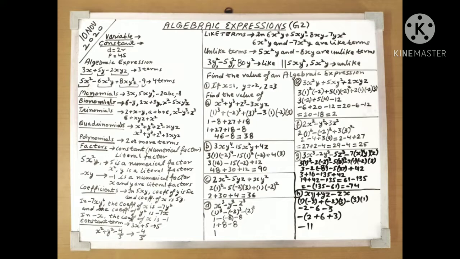A common word is polynomial, which is used to define an expression which contains two or more terms. So, leaving apart monomial, the rest all, binomial, trinomial, quadrinomial, and so on, will be known as polynomials. I hope you got it.